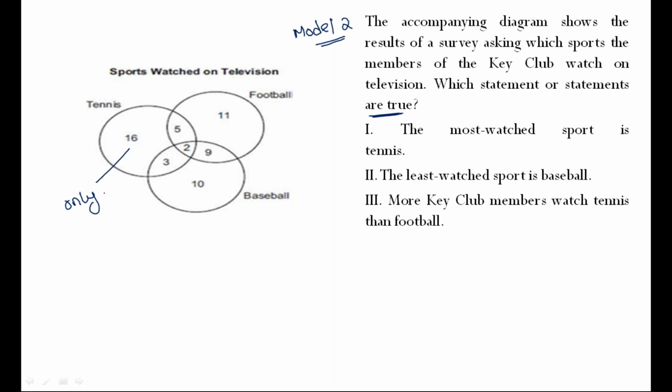If you want to find tennis, you should add the entire circle value: 16 plus 13 plus 5 plus 2, which is equal to 26. 26 is playing tennis.